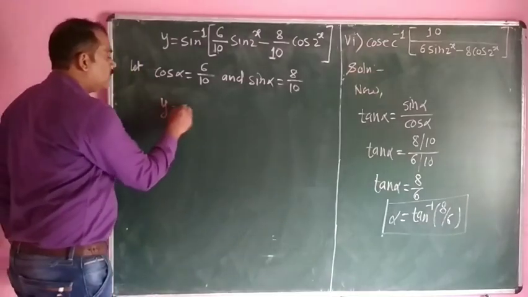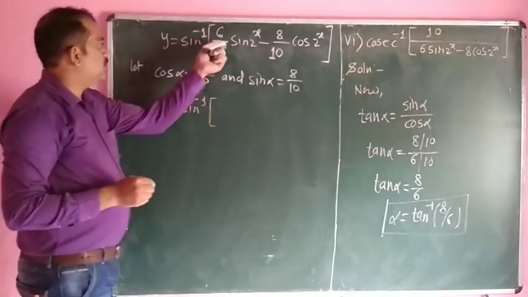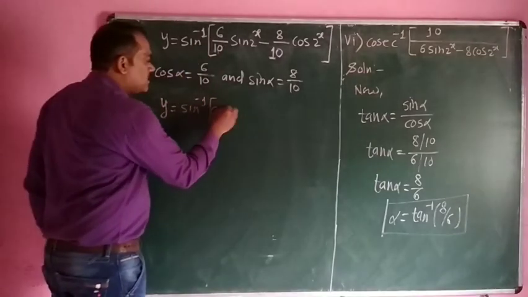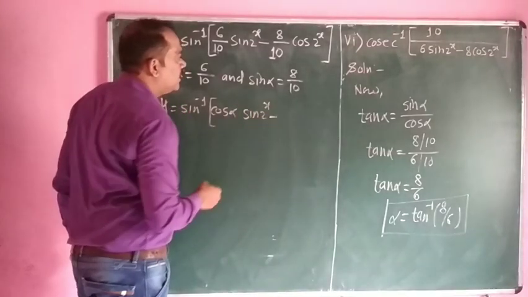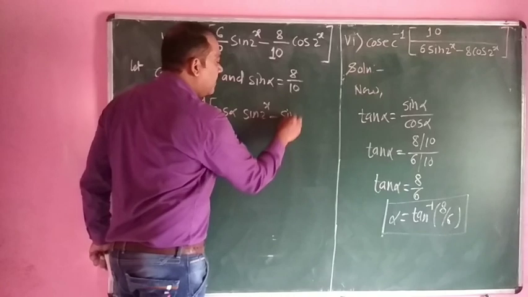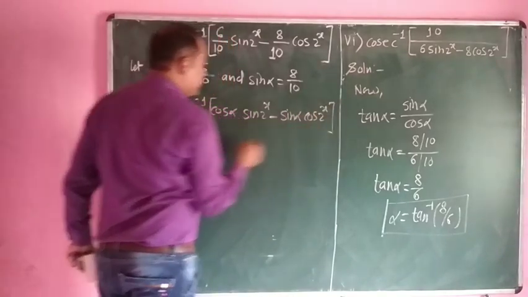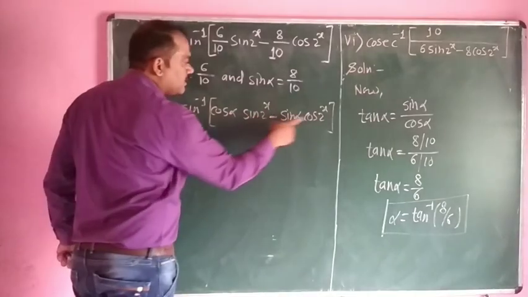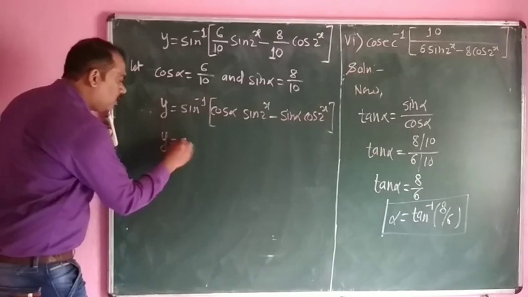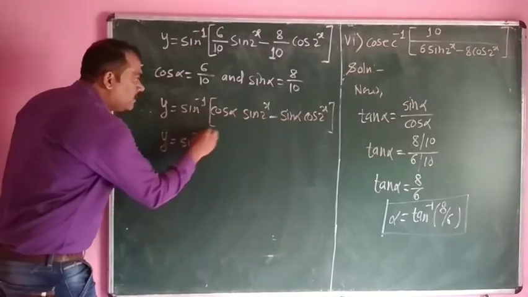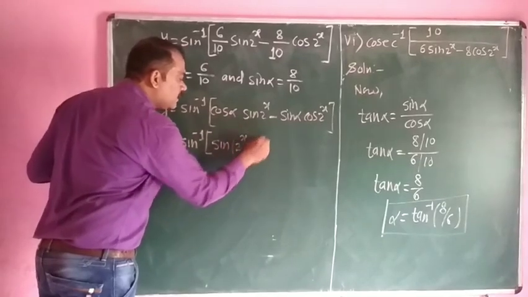Therefore y is equal to sin inverse of 6 by 10, which is cos alpha, into sin of 2 raised to x, minus 8 by 10, which is sin alpha, into cos of 2 raised to x. Sin cos minus cos sin is the formula related to sin. Therefore y is equal to sin inverse of sin of 2 raised to x minus alpha.